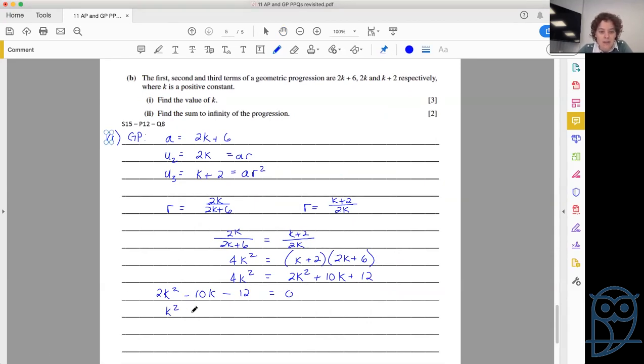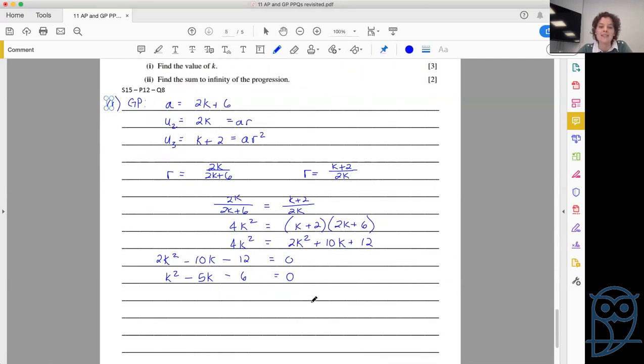So k squared minus 5k minus 6 equals 0. And then we understand the joys and the wonders of quadratics, because we have simplified it to something much more approachable. Factors of 6 which subtract to 5 are a 6 and a 1. We have minus 6, we have unlike signs, so a minus 6 and a plus 1. So k equals 6 or k equals minus 1.